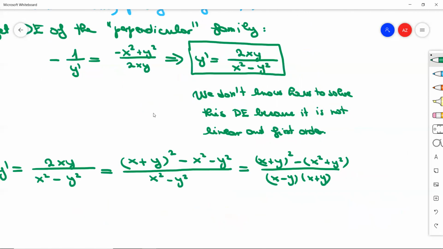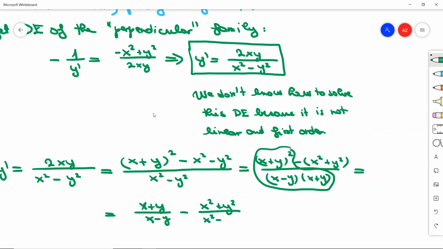From the first part, we get x plus y over x minus y. And from the second part, we get minus (x squared plus y squared) over (x squared minus y squared).